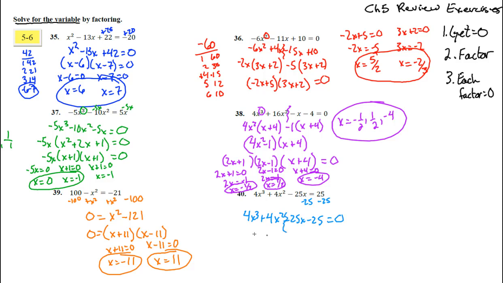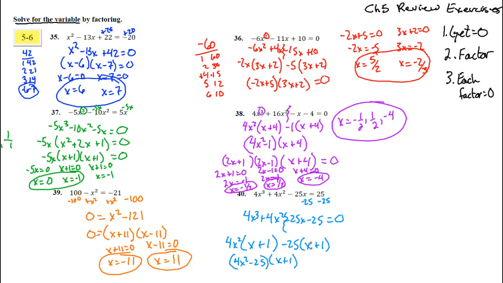So cut that guy in half. Pull out a 4x squared, and we have x plus 1. Pull out a negative 25, and we're left with x plus 1. So that gives us 4x squared minus 25 times x plus 1.